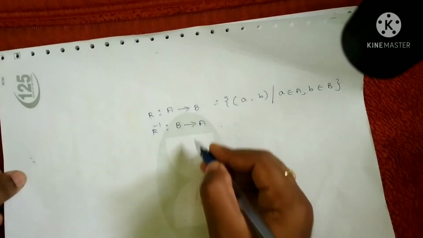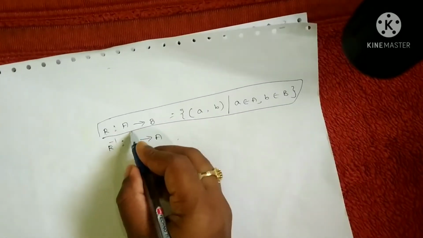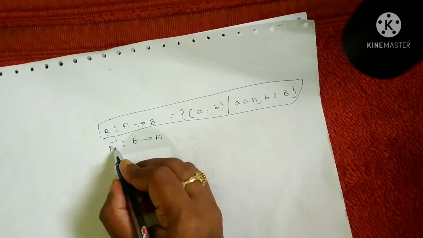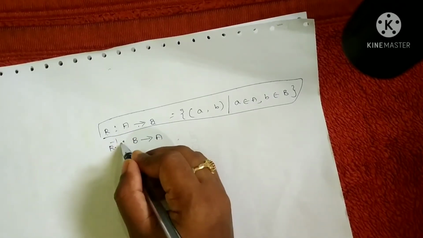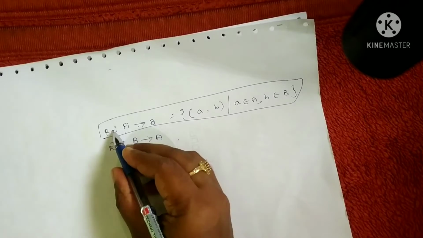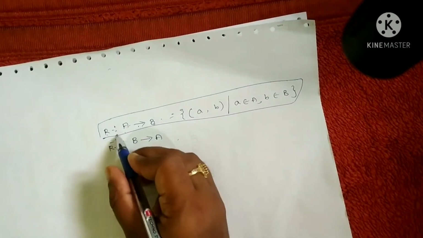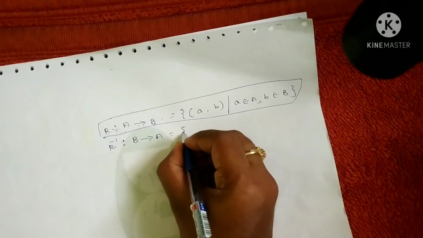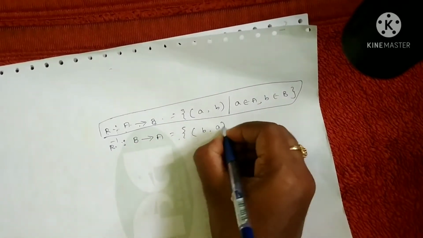So this is the standard definition of a relation. If this is a relation, then R inverse is a relation from B to A. That is the reverse of that. That is the meaning of the reverse of a relation. So if R is a relation from A to B, then R inverse will be a relation from B to A. Then in R inverse, the elements will be of the form (b, a).